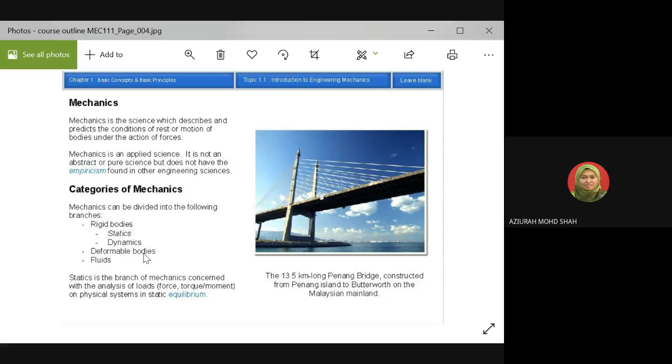Deformable bodies itu nanti you belajar dalam strength. So memang dalam strength you kena consider dia punya rigidity. Nanti you kena masukkan dalam formula yang kamu belajar in material nanti. Ada belajar subjek material kan for this semester kan. Dia belajar about rigidity, sikit-sikit lah you belajar awal-awal tu.